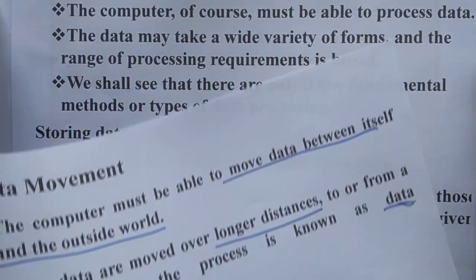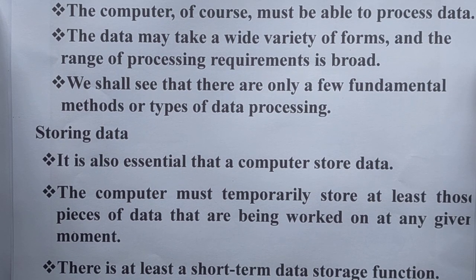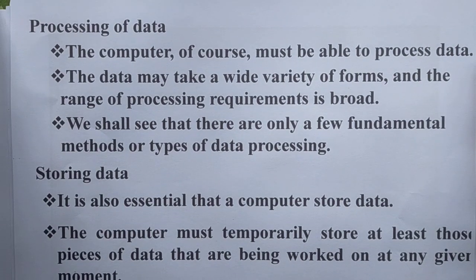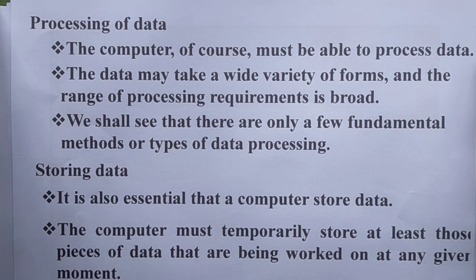Next is processing of data. A computer system must be able to process the data, as per our requirement or as per the operations. The data may take a wide variety of forms, and the range of processing requirements is broad, meaning different data can be considered: text data, image data, video data, and so on, and processed accordingly as per our requirement.